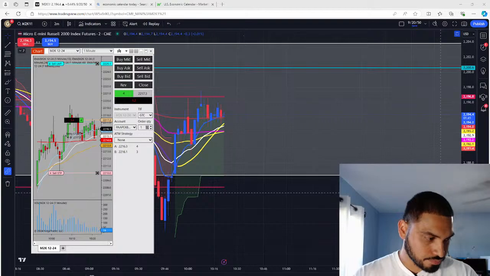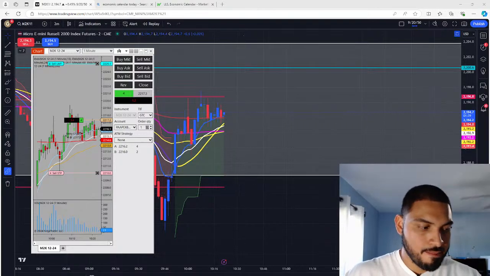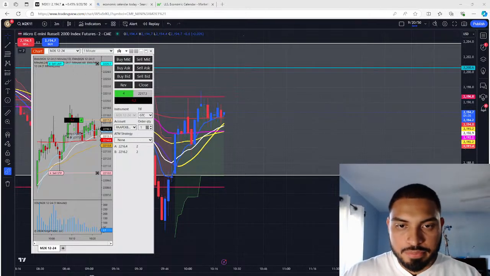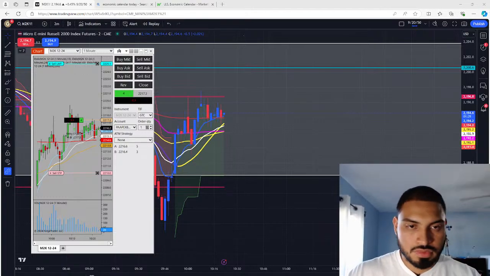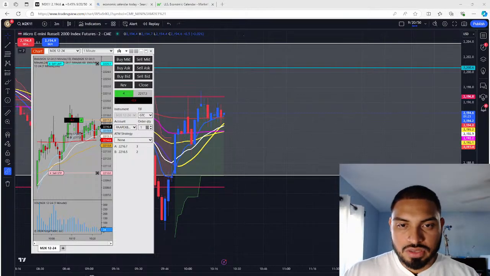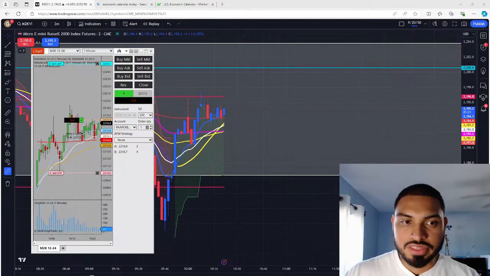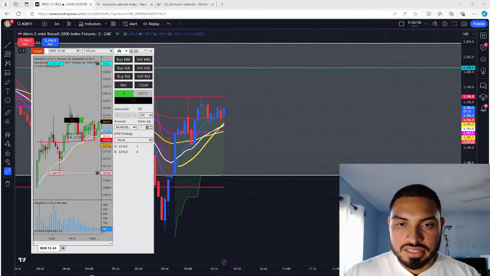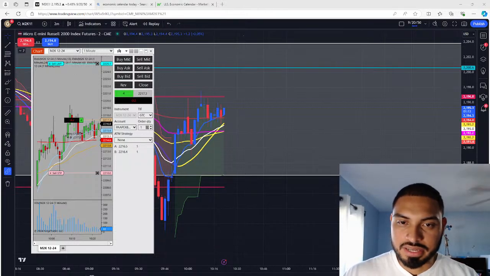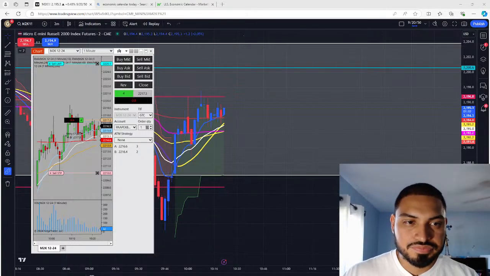Price action is not doing anything. Let's take a look at the MNQs. MNQ is still not doing anything. The whole market is just trading in a range, consolidating, except for maybe MES. MES is maybe doing something. It's still to the upside.